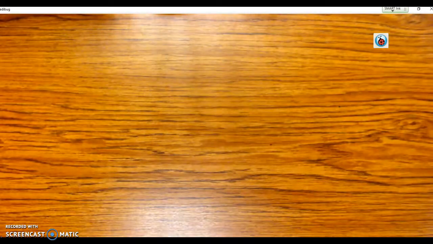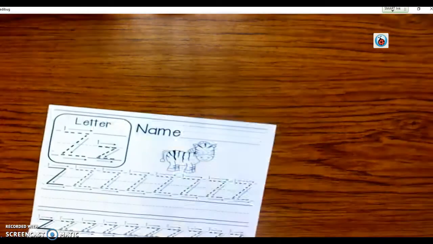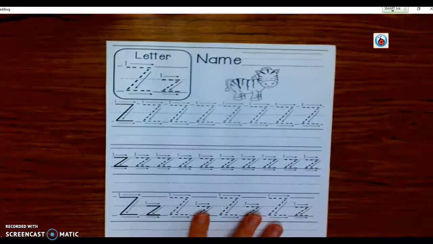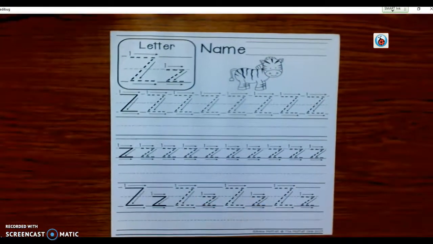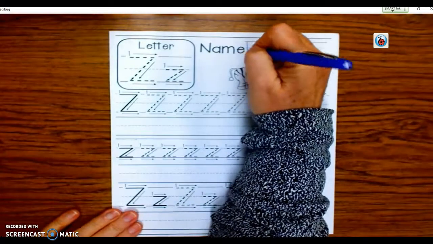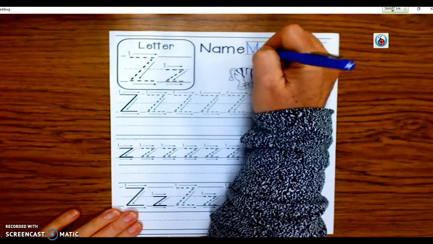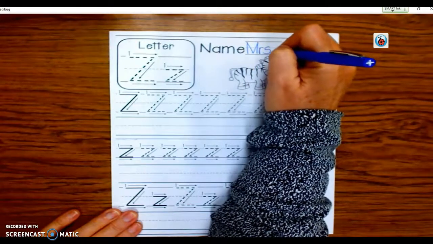All right, boys and girls, so we know the letter Z. We know the sound that Z makes, Z for zipping zippers. Now we're going to practice writing the letter Z. So we're going to put our name at the top. Make sure you are writing with a pencil.